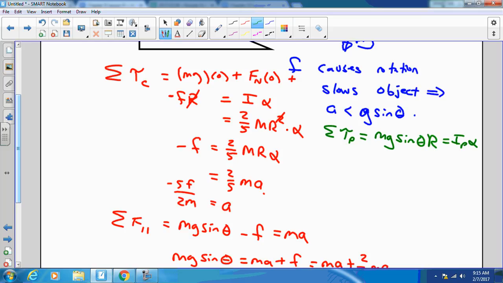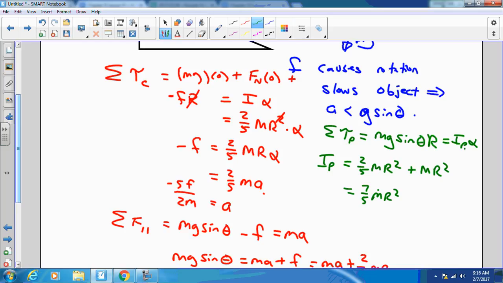And that is equal to IP times alpha. But IP is the moment of inertia of the solid sphere about a point not through the center of mass. So we need to do a quick parallel axis computation and say that IP is equal to 2/5 of mr squared about the center of mass plus mr squared using the parallel axis theorem to shift it.